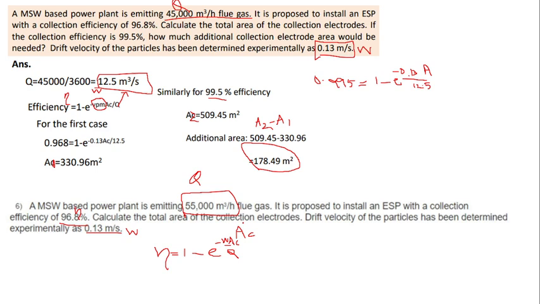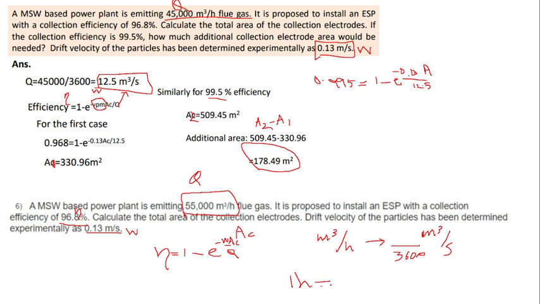Before substituting Q value, we have to again convert the meter cube per hour to meter cube per second. For that, we have to divide the value with 3600.